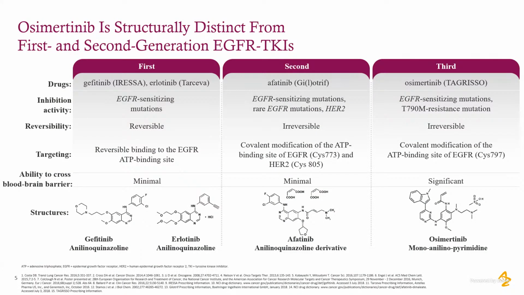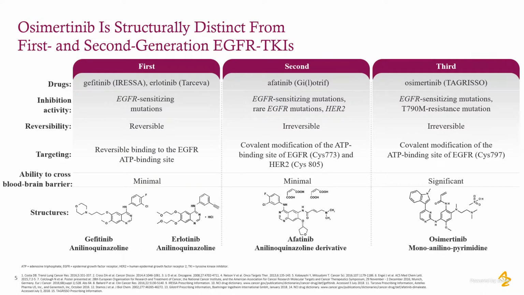So osimertinib is structurally distinct from first and second generation EGFR TKIs. In the first generation, we have gefitinib and erlotinib, targeting EGFR sensitizing mutations with reversible binding to the EGFR ATP binding site. Their ability to cross the blood-brain barrier is minimal. Whereas the second generation, afatinib, targets EGFR sensitizing mutations and rare EGFR mutations.